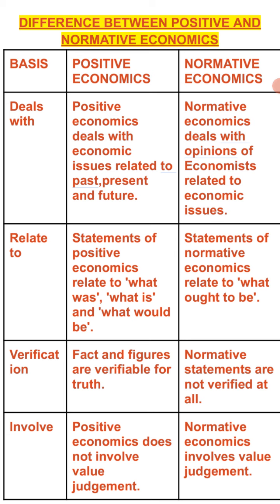In positive statements or positive economics, these statements relate to what was, what is and what would be. क्या था, क्या है और क्या होगा. But if you talk about normative economics, then it always deals with what ought to be, क्या होना चाहिए.